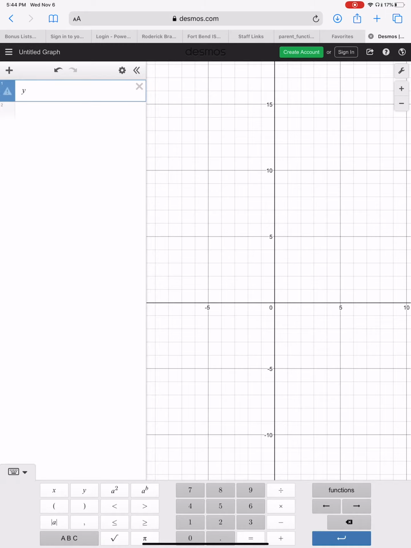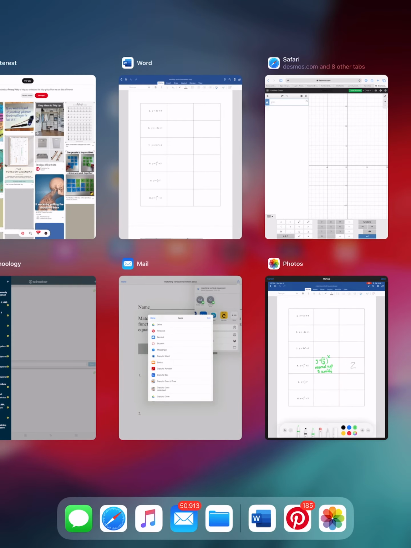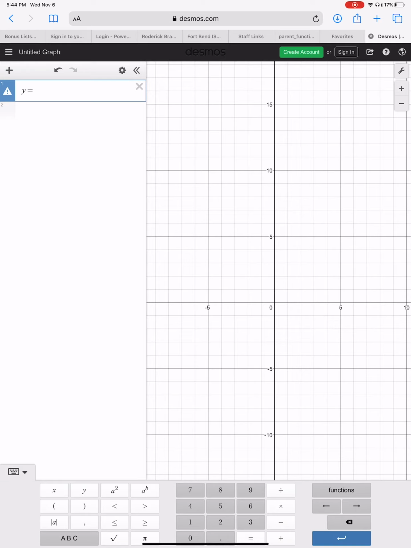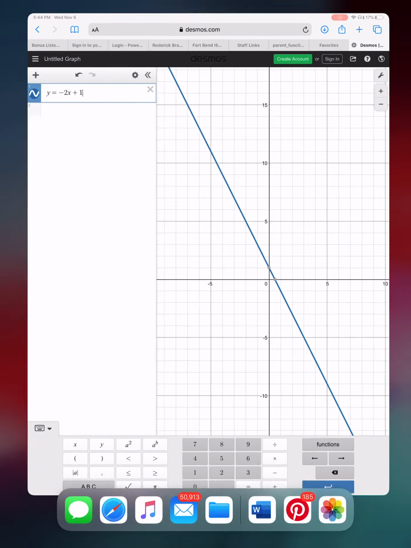I got y equals negative 2x plus 1. All right.